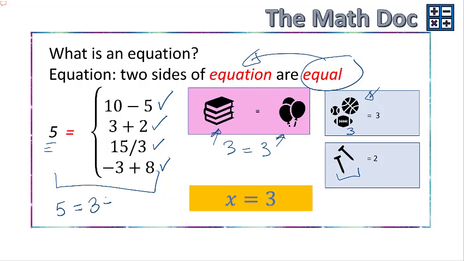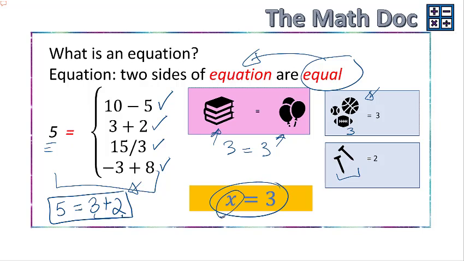5 equals 3 plus 2. This is an equation. Now, there's no real point to be writing it like this if we know the answer to the right-hand side. But eventually what we want to get to, right, are these types of equations where we have a variable like x and we can do something with it.